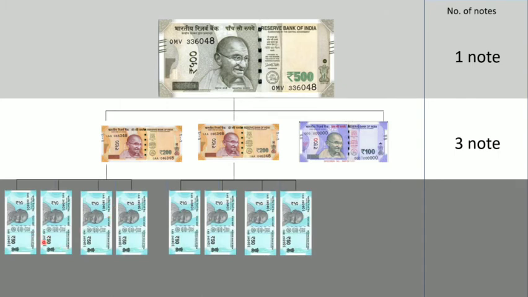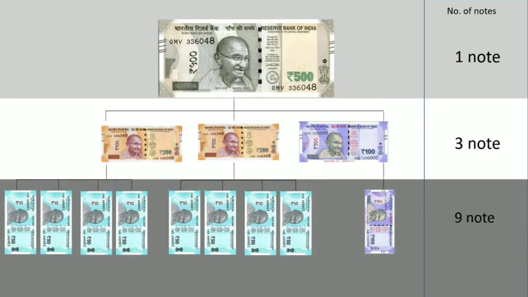So 50 plus 50, 100, 100 plus 50, 150 and 150 plus 50, 200. Same way here also 50 rupees notes will make 200 rupees. Now we will take this 100 rupees note down. Now we will count the number of notes. It will be 9 notes.